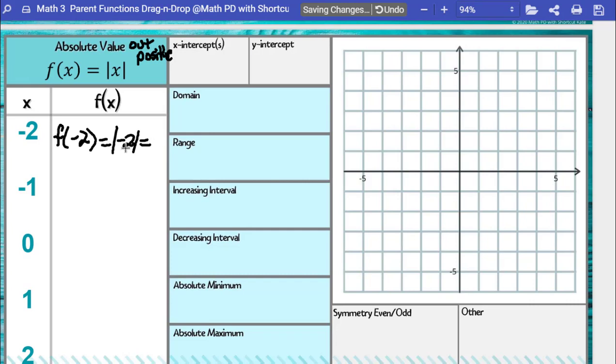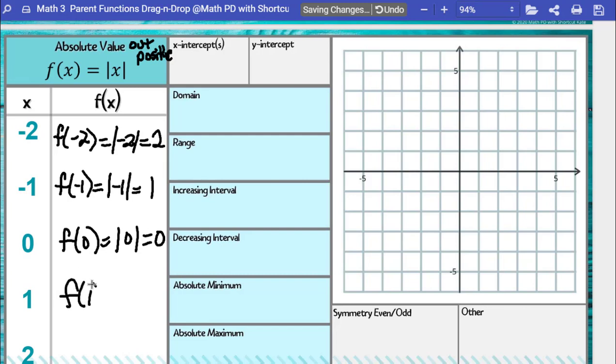So the absolute value of -2 is +2. And then likewise for all the other examples. So all the other examples will be the same. And 1 is positive, but again, we're talking about distance, so the output will be positive.